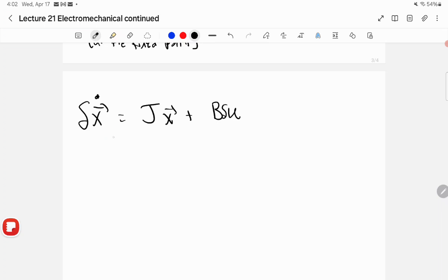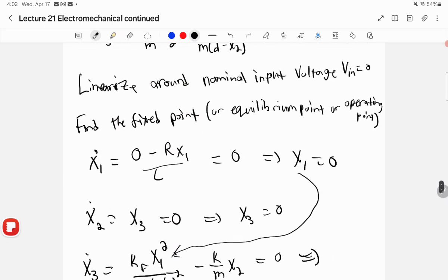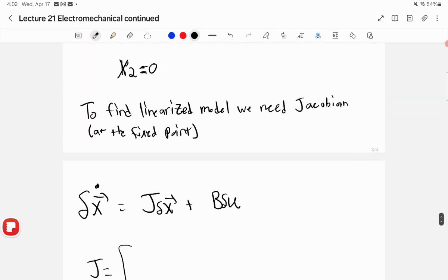We only have a single input here. So J is going to be equal to the Jacobian matrix.